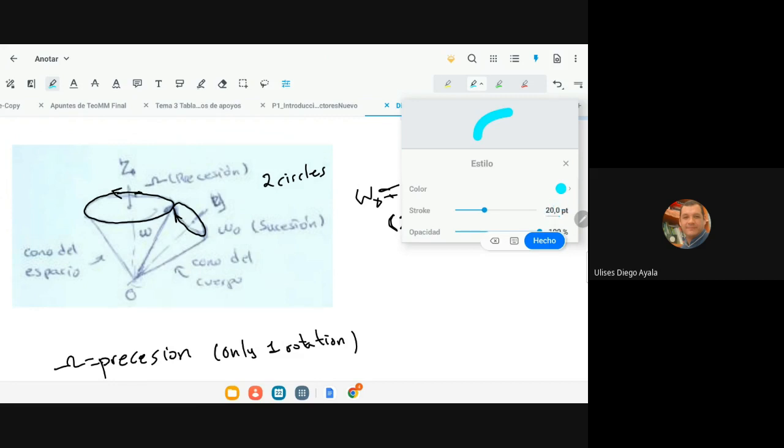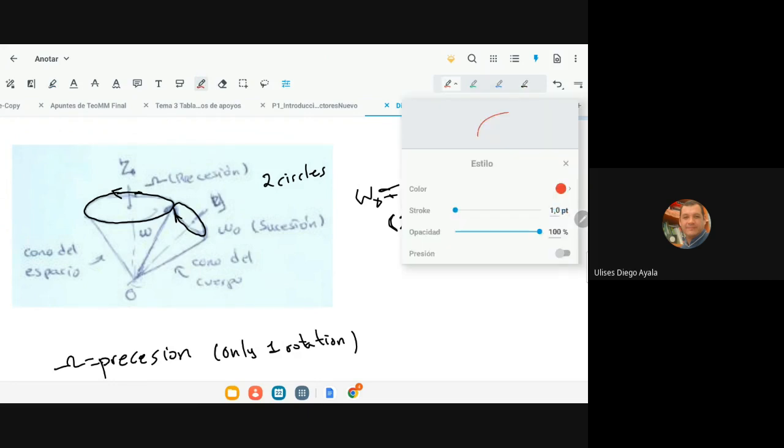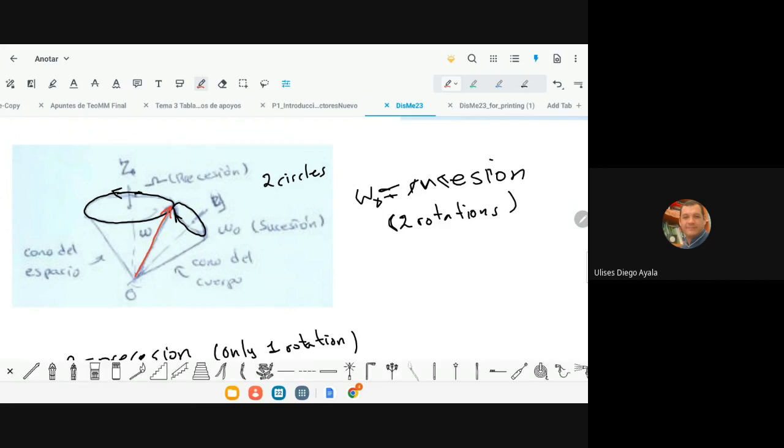No, it's this one. I am selecting a different one. Now, okay. And this is another important one: the W, and that is the omega. This omega is the addition of these two movements, the two rotational.